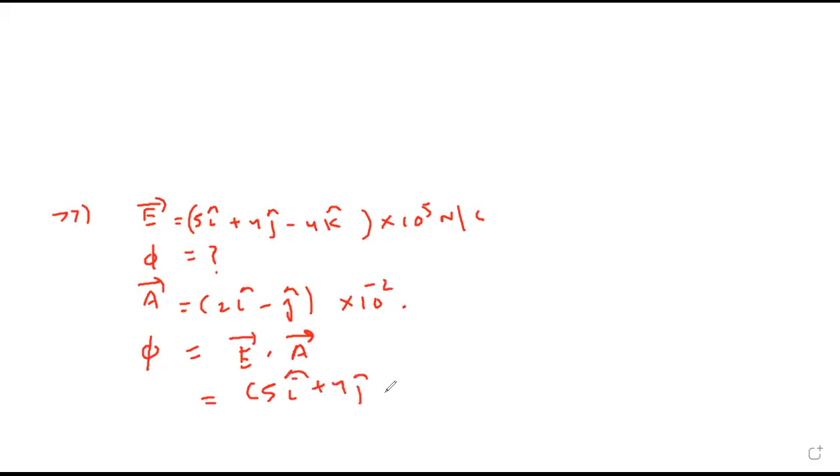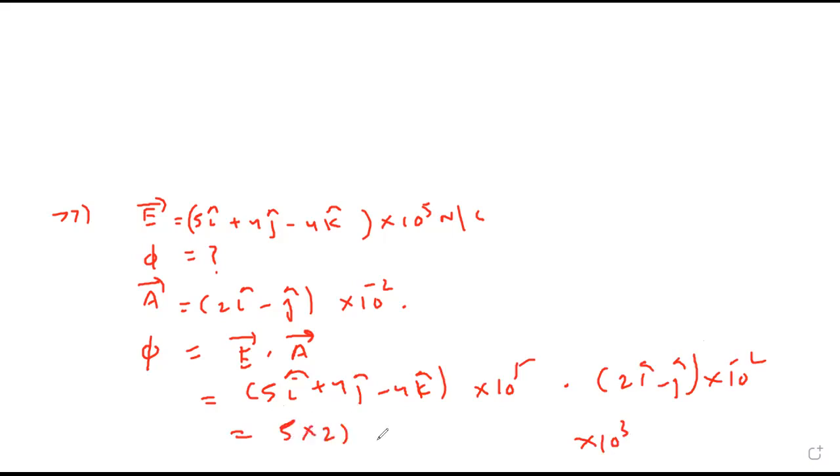So this is the dot product of E and A. What is the formula for dot product? If you know, tell me. 5 and minus 2, first I wrote 3. It is AX BX, meaning i coefficient plus j coefficient plus k coefficient.